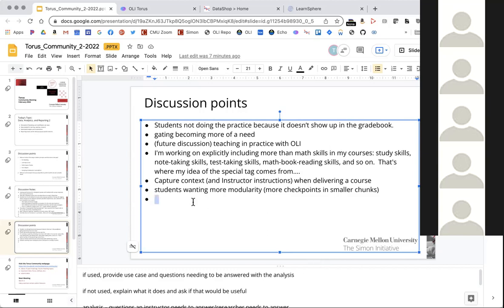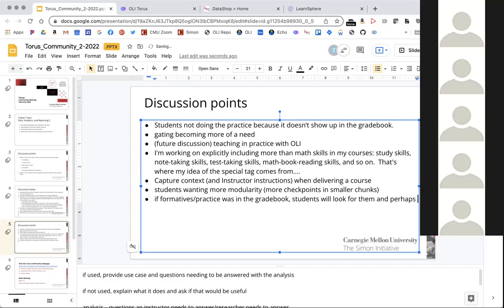I just would love it if the practice activities could show up in the grade book so that students are aware that there are embedded learn-by-doing activities that they should be focusing on, and that they shouldn't just click on the checkpoint quiz. I think it trains students to look for those learning activities that are practice and not just look for the final quiz, because that sort of behavior doesn't really serve students.